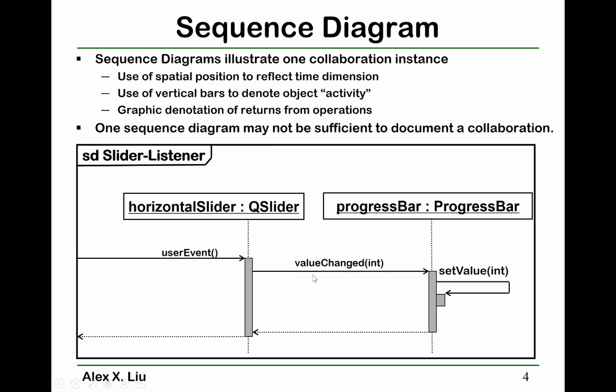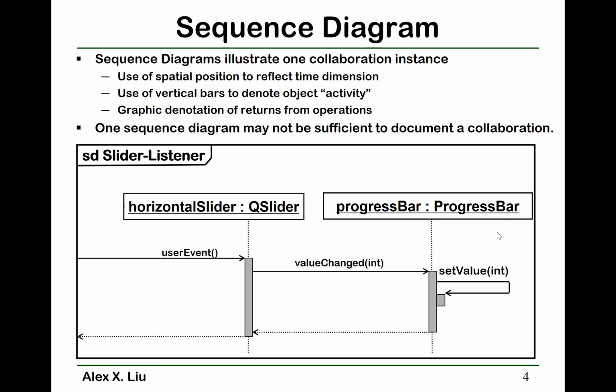Then the second message is value change, and the third message is set value. Set value is basically the progress bar sending a message to itself. The progress bar calls its own function set value, and then set value executes, and after this, value change finishes and returns.